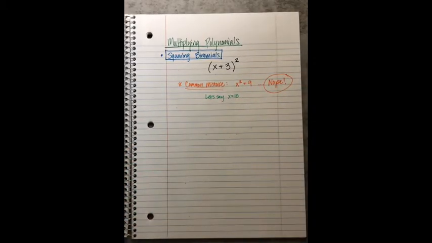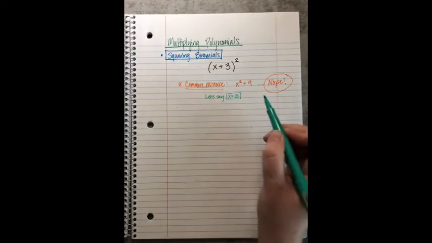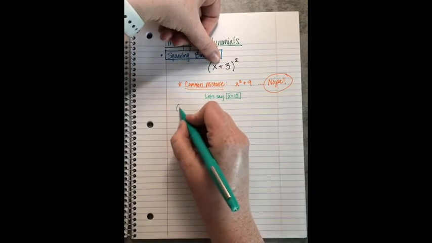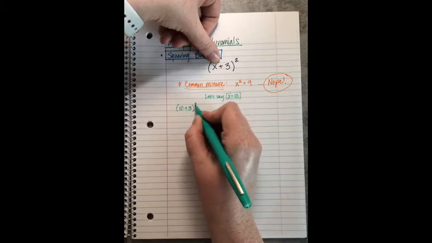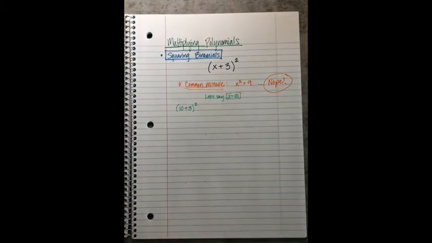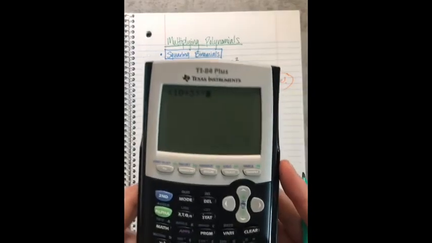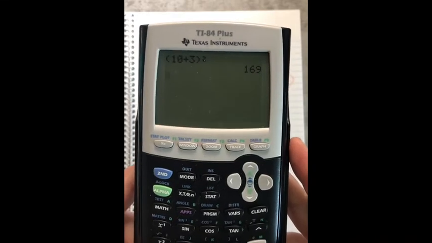The only way I can really prove why this doesn't work is I have to plug in a number for x. So if we know that x is 10, then I can rewrite this expression as 10 plus 3 in parentheses squared. Now, you could take your calculator and type that in if you really wanted to, and you would get 169 as your answer.